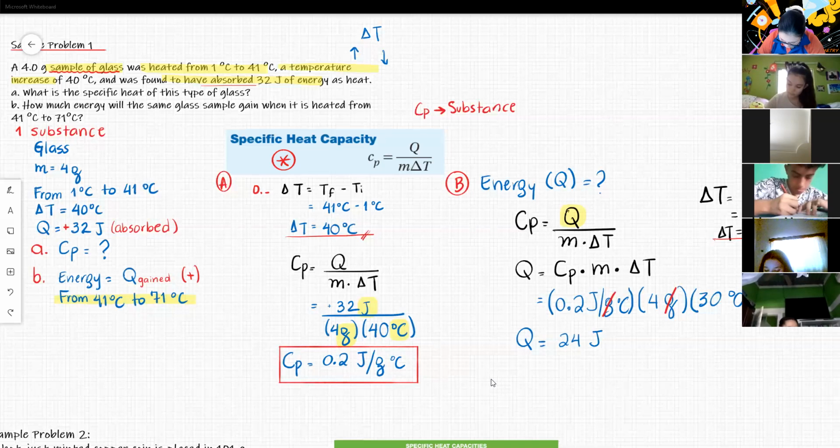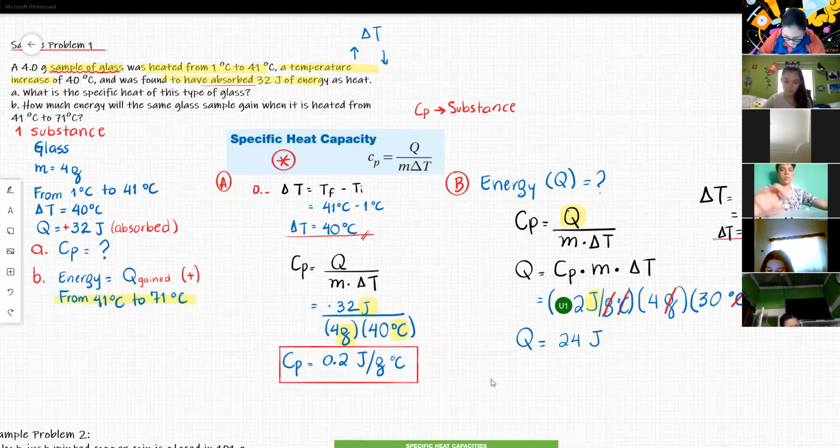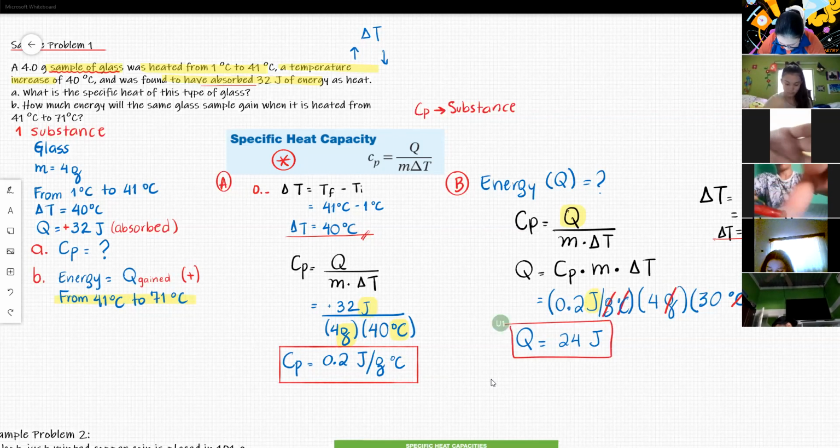Those Celsius, you're going to cancel them with this Celsius over there. So the remaining unit will be just joules. And with this, you finish the problem.